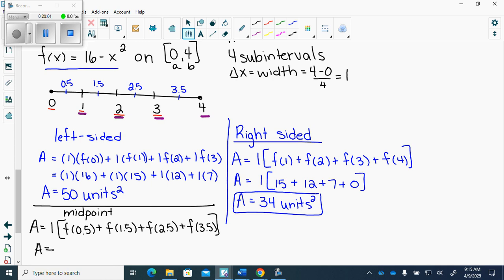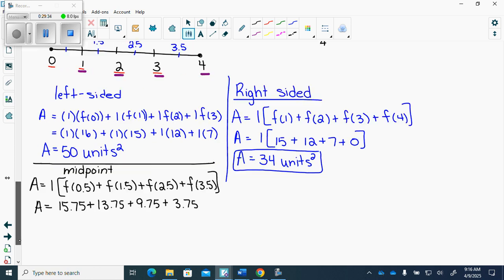So area equals, second trace value 0.5, 15.75 plus 13.75, then 2.5, 9.75, 3.5 is 3.75. That's 43.